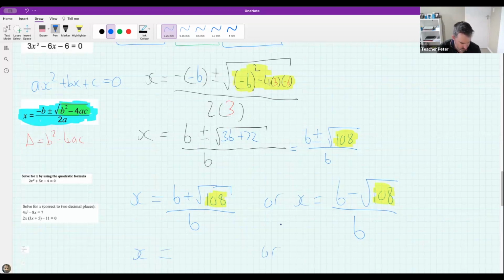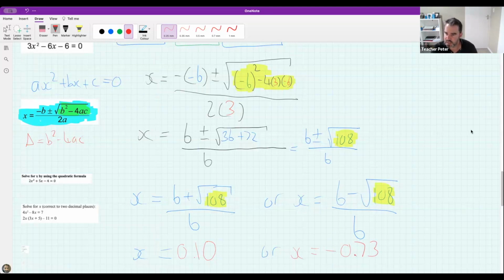We have 6 plus square root 108 divided by 6. Let's see if anybody else gets what I get. I get minus 0.096, which will round to 0.10. And on the other side, 6 minus square root 108 divided by 6 is minus 0.73.